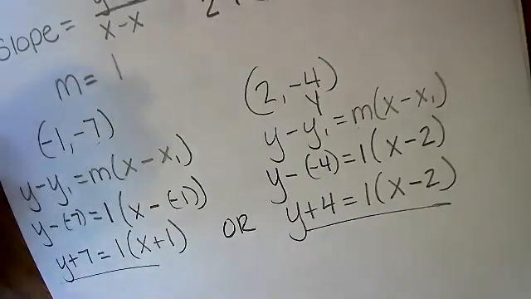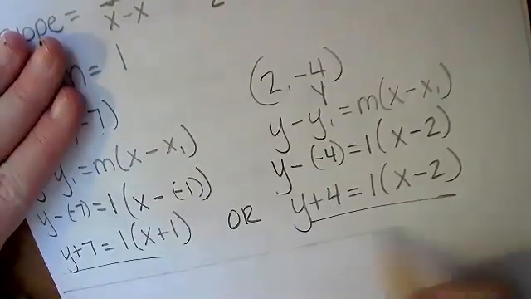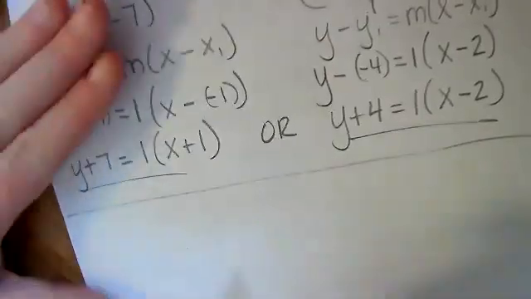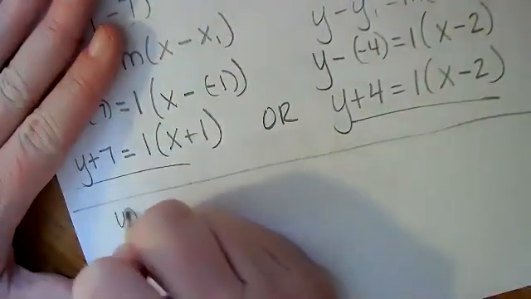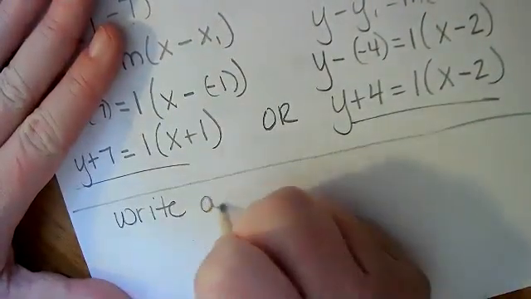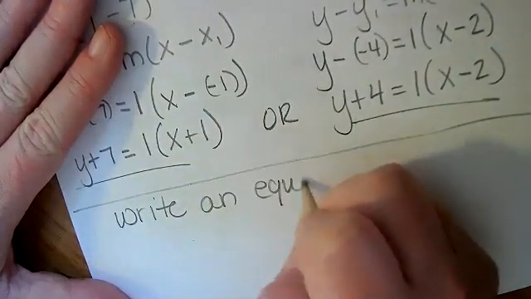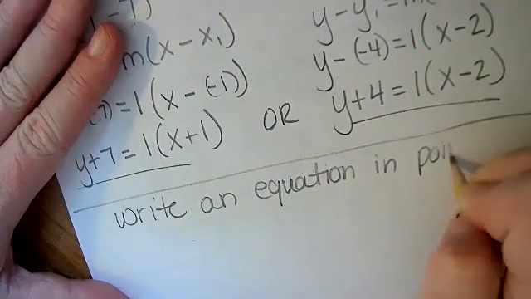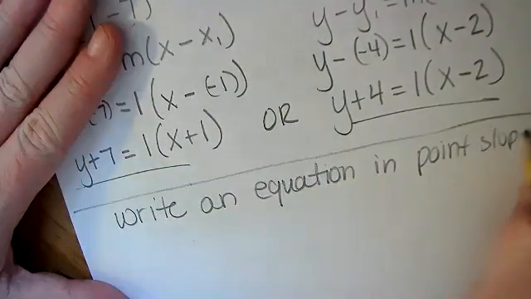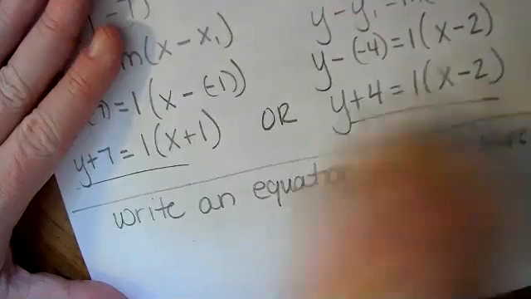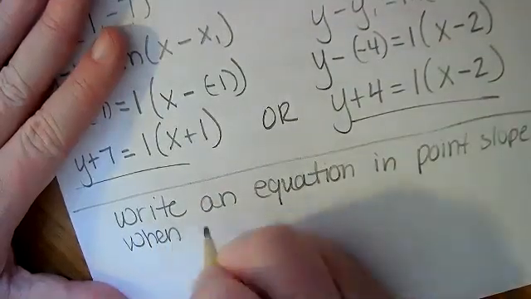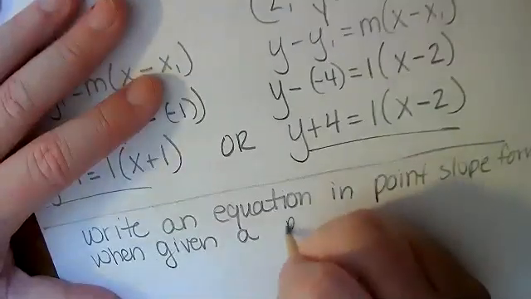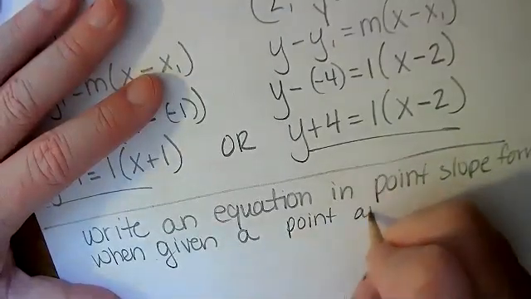Okay? So let's recap really quick. So what we did is we learned how to write an equation in point-slope form when given a coordinate, a point, and the slope.